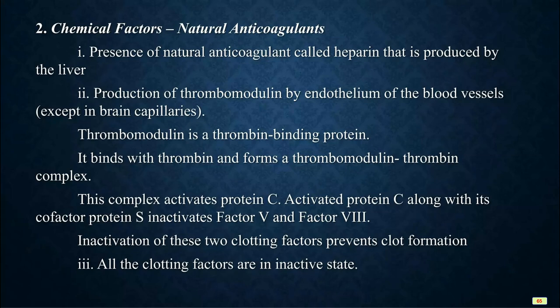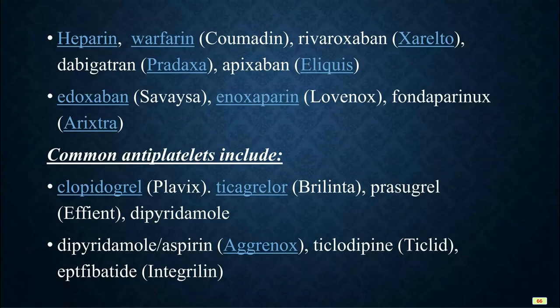Ultimately this activates protein C, and the activated protein C, along with its cofactor protein S, inactivates factor 5 and factor 8, and inactivation of these two clotting factors prevents clot formation. Ultimately, all clotting factors need to be inactivated inside the body once their process is over.